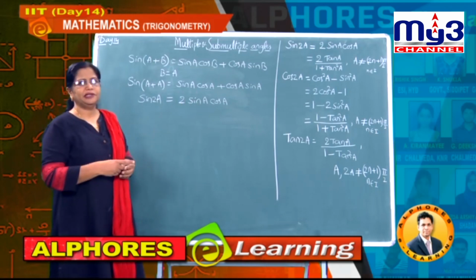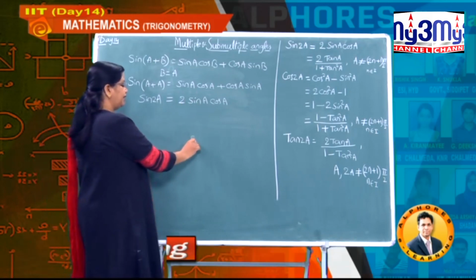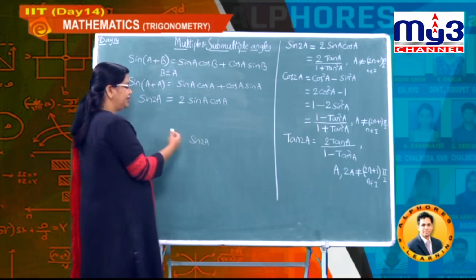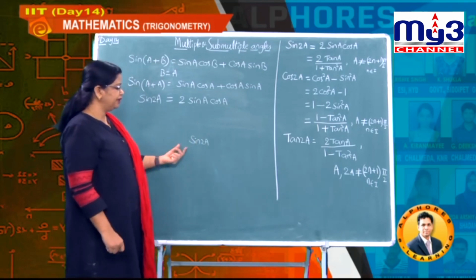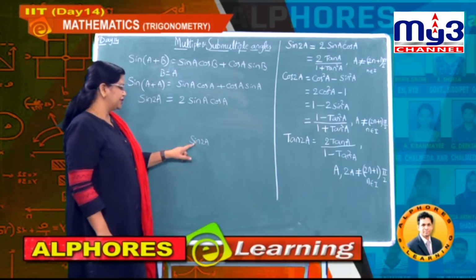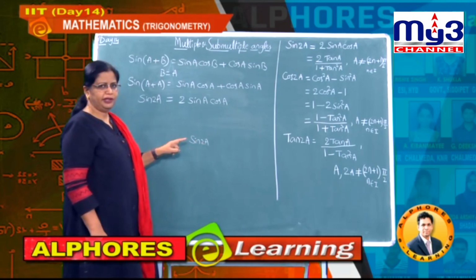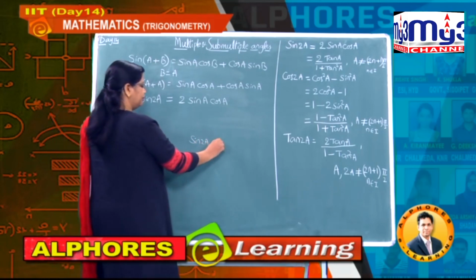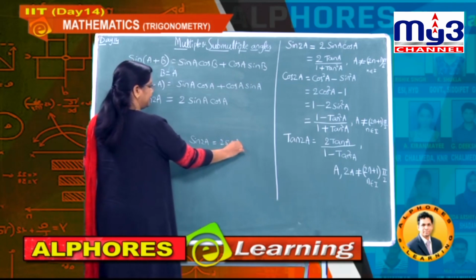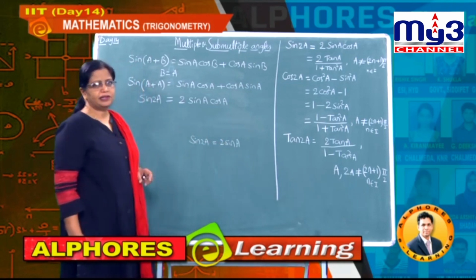Now you may get a doubt like this: for sin 2a, you take 2 outside and it becomes 2 sin a, then where is this extra cos a?